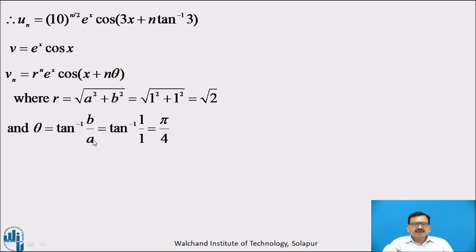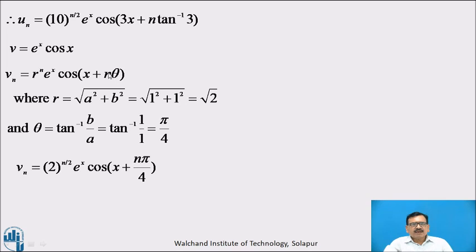Tan inverse of b by a, that is tan inverse of 1 by 1, we get tan inverse of 1, and it is a standard value, that is pi by 4. Now substituting the values of r and theta in the above expression, we get the nth derivative of v equal to r raised to n. Here r is root 2 raised to n, which means 2 to the power n by 2, e raised to x as it is, and cos of x plus n theta.